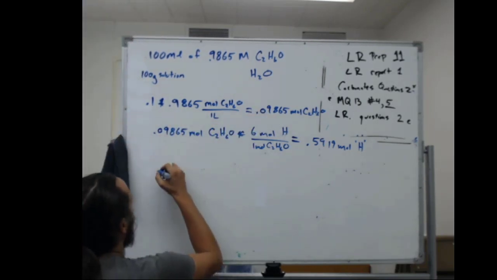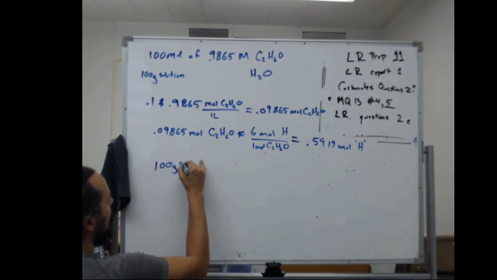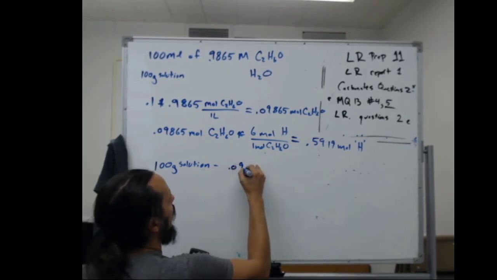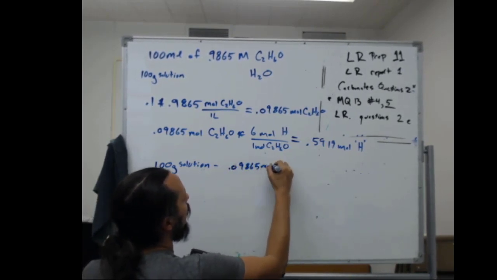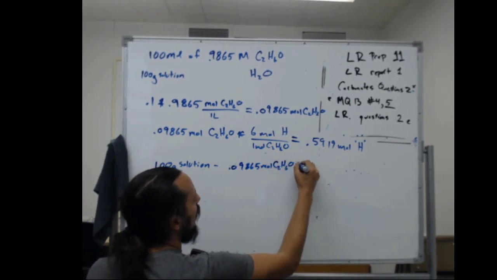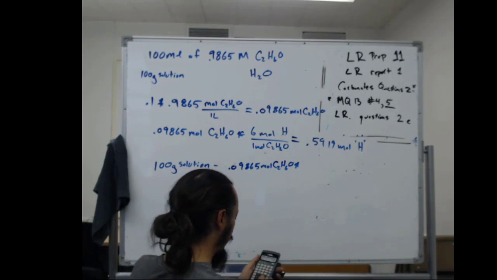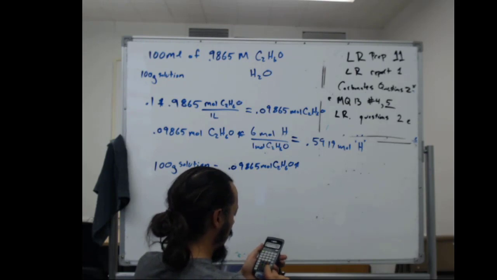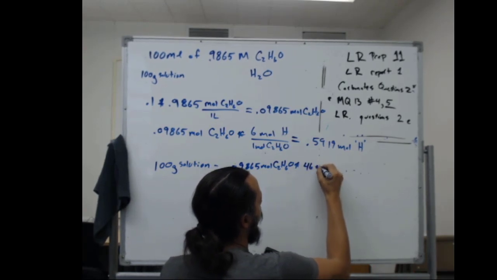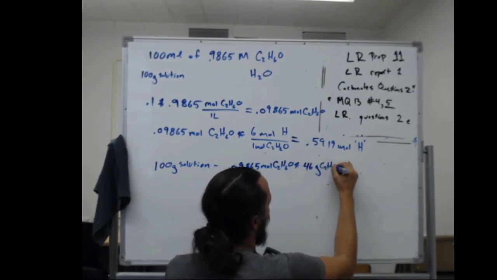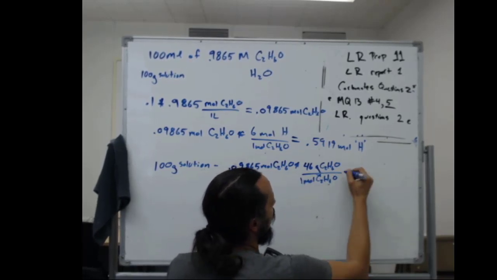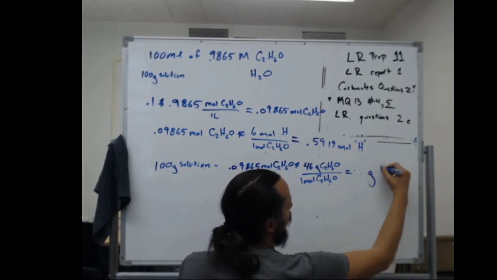So I'm going to go 100 grams solution minus 0.09865 moles C2H6O times, got to do some math, 24 plus 16 plus 6, 46 grams C2H6O for every 1 mole, is equal to grams H2O.